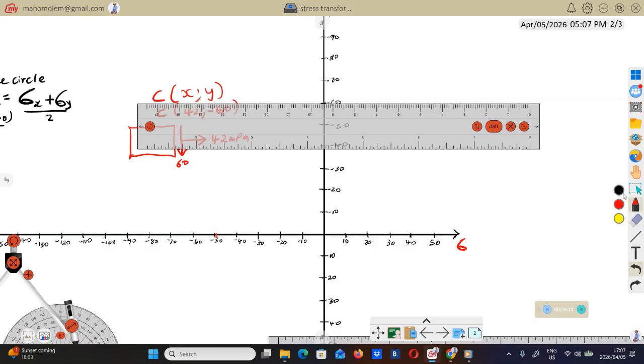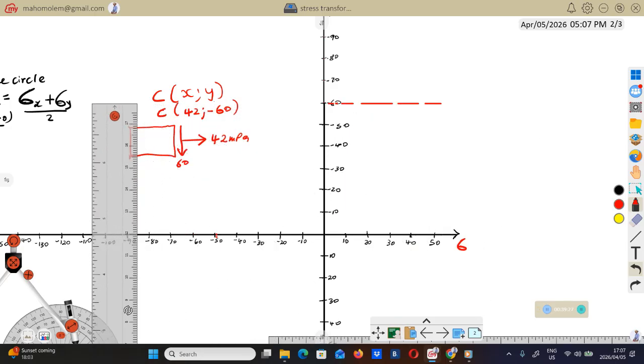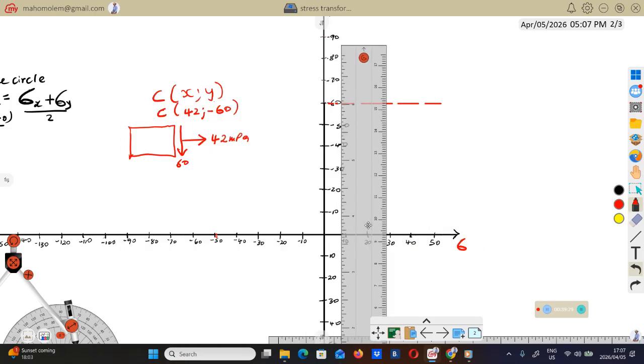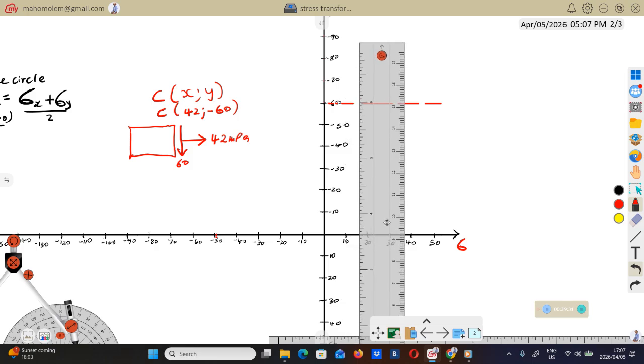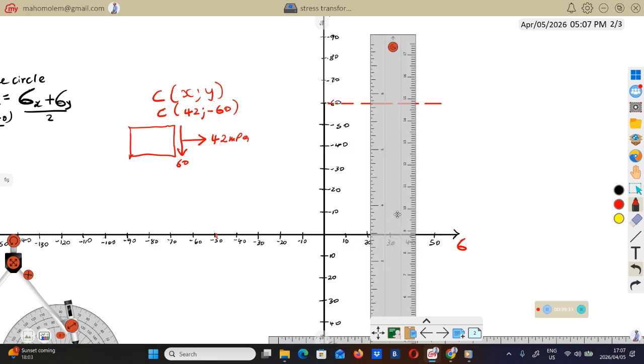You can draw a dotted line from here. And then come here and find the 42. Okay, let's also mark it.